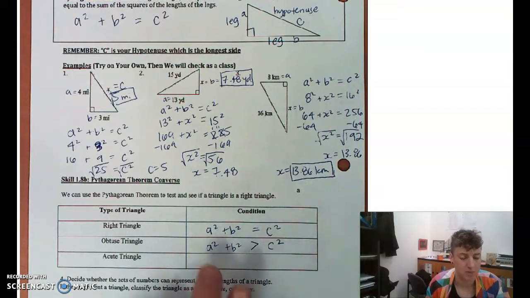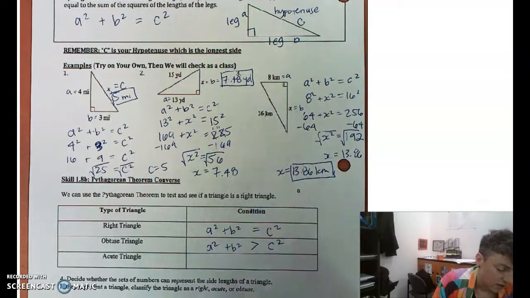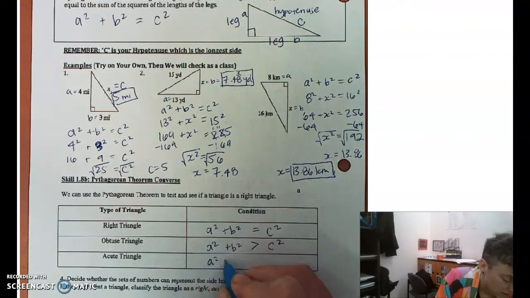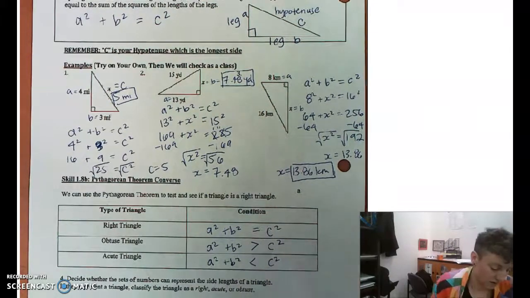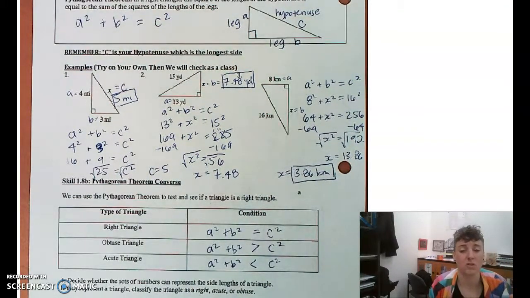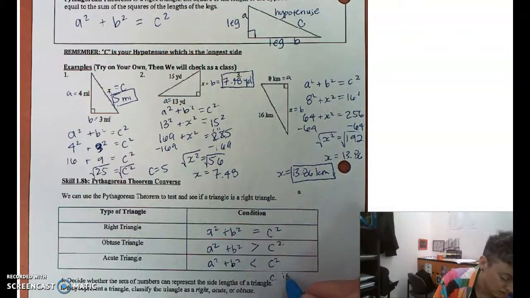When you add up the squares of the two smaller sides, they will be bigger than the largest side. And in an acute triangle, a squared plus b squared is going to be less than c squared. Again, c is always the longest side. All right, let's try that out.